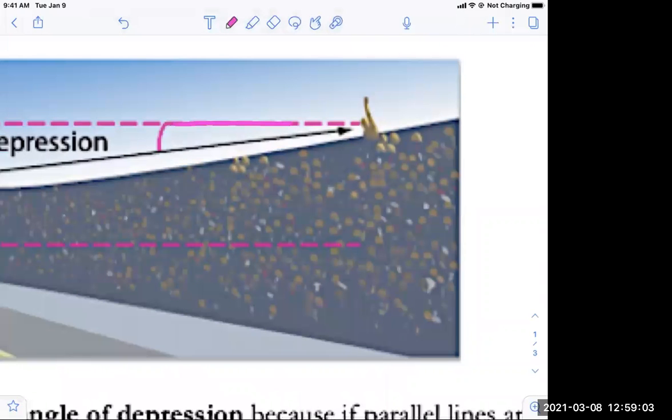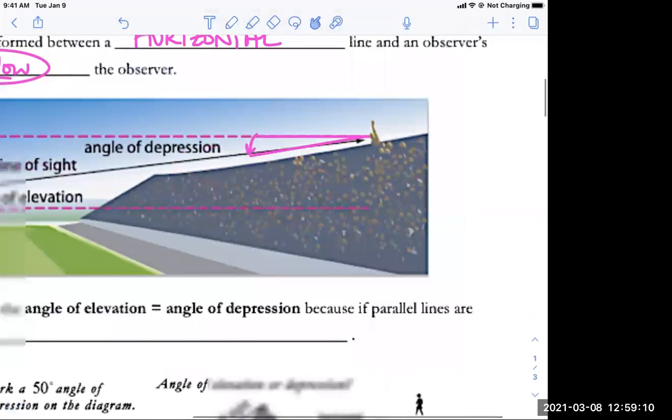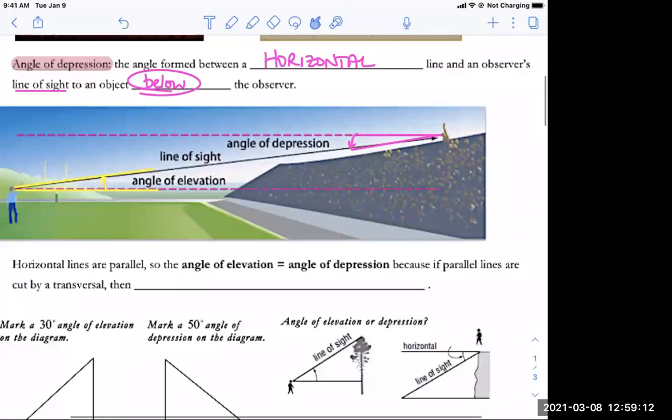So if this person is up here and drops their eyes down, that angle right there will be congruent to the angle of elevation. So whether the person's down below looking up or up high looking down, if both of their angles are measured between the horizontal and their line of sight, those angles will be congruent.